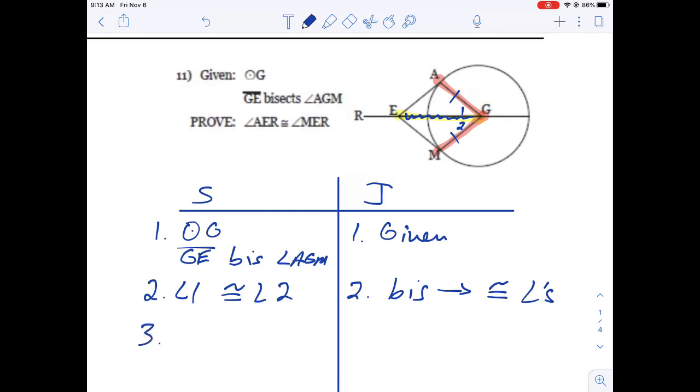And then step 3, let's do the radii. So let's say to the jury that AG is congruent to MG. Those are the 2 radius lengths. And that's because a circle implies radii congruent.